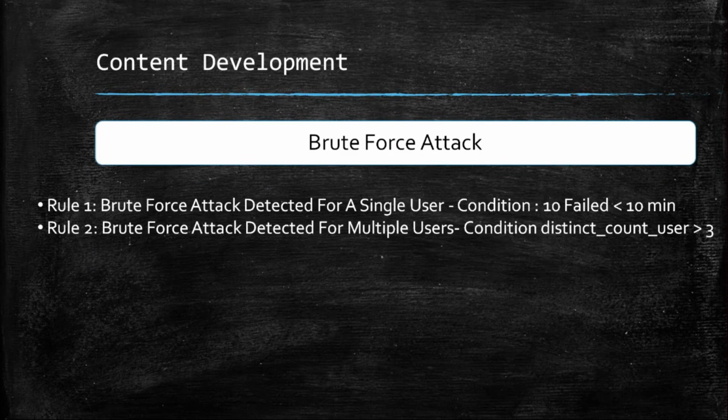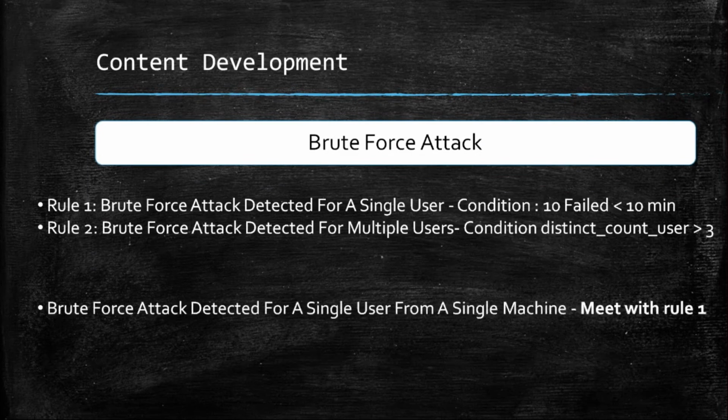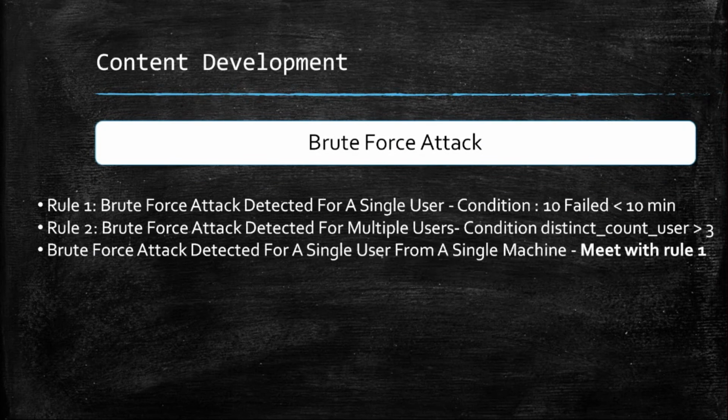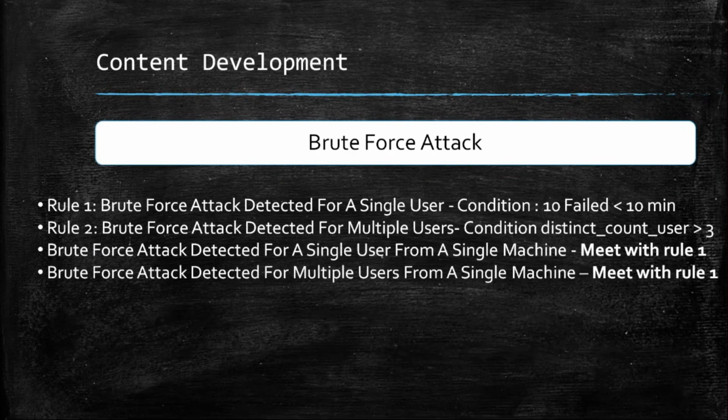Then the next two conditions, brute force attack detected for a single user from a single machine, and brute force attack detected for multiple users from a single machine, will be captured in our rule 1. So no need to define any other rule.